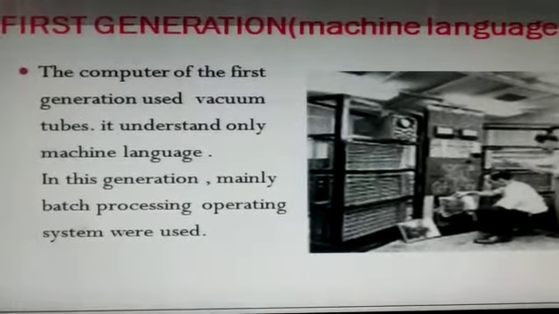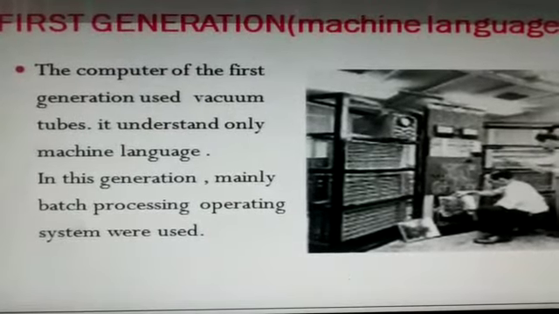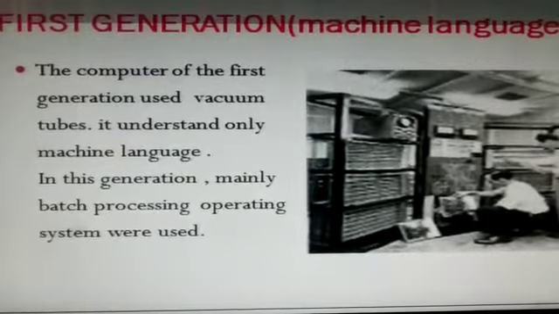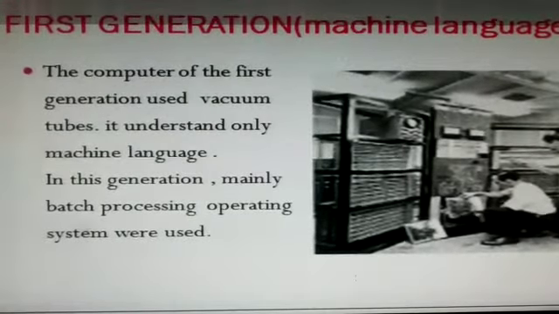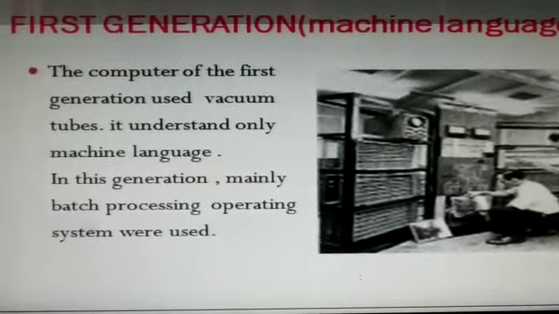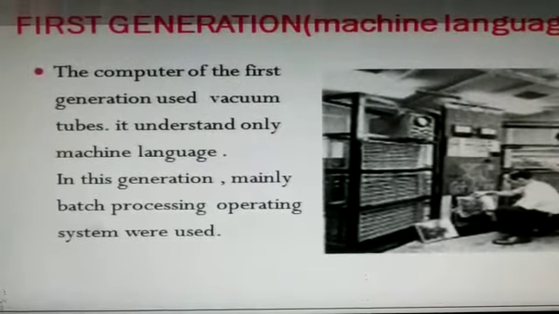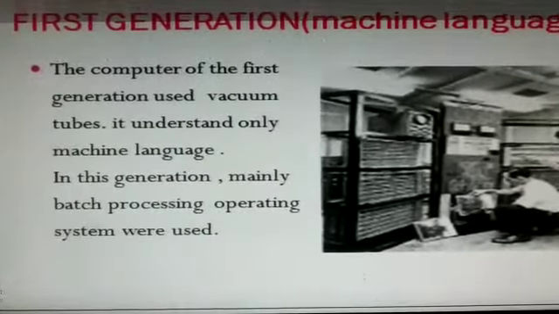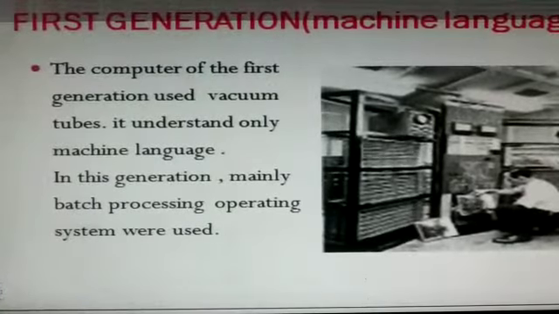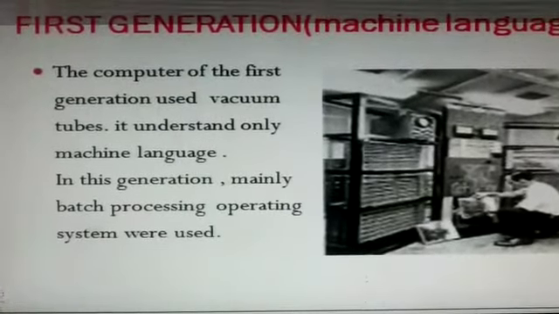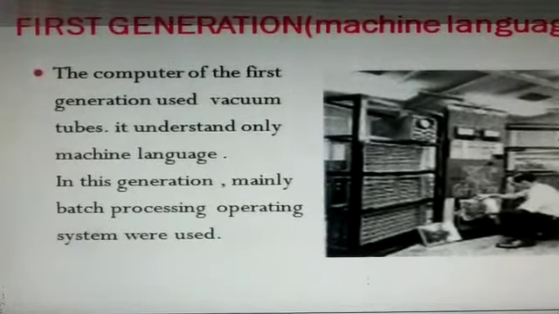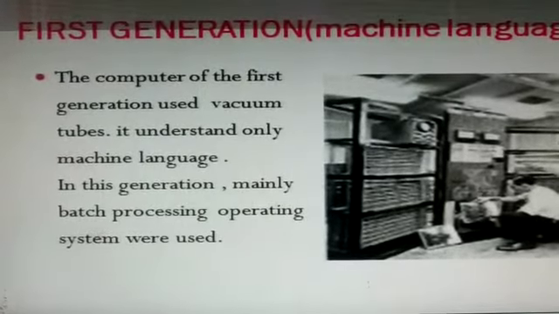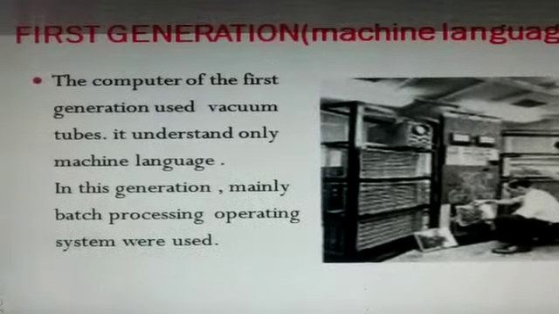So students, we can say that the features of the first generation are: first one is vacuum tube technology. It is unreliable and it supports machine language. It is difficult to write machine language and it is very costly. It also generated a lot of heat and it has slow input and output devices.